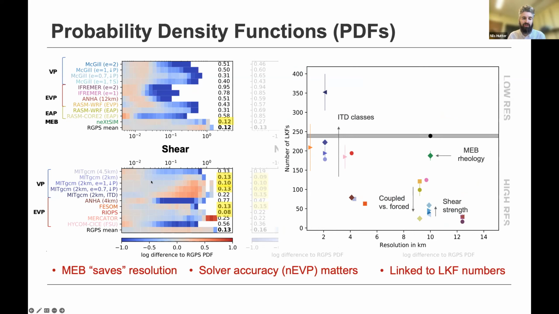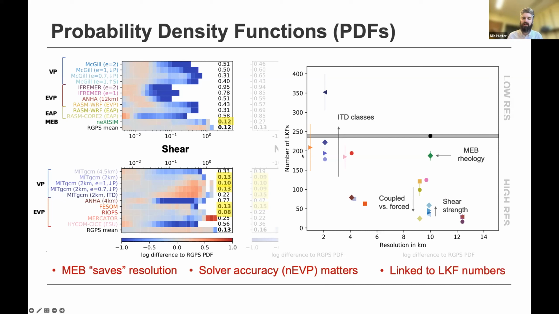Those models marked here in yellow are the models that are up in this group. For example, neXtSIM is the green dot here, which also shows higher numbers of LKFs compared to the other lower resolution simulations that we have. And that's a nice result because the deformation rate PDFs are a much easier metric to compute than detecting LKFs. If we can use it as a proxy, that's a good sign, for example if we want to use a simple metric for model tuning.